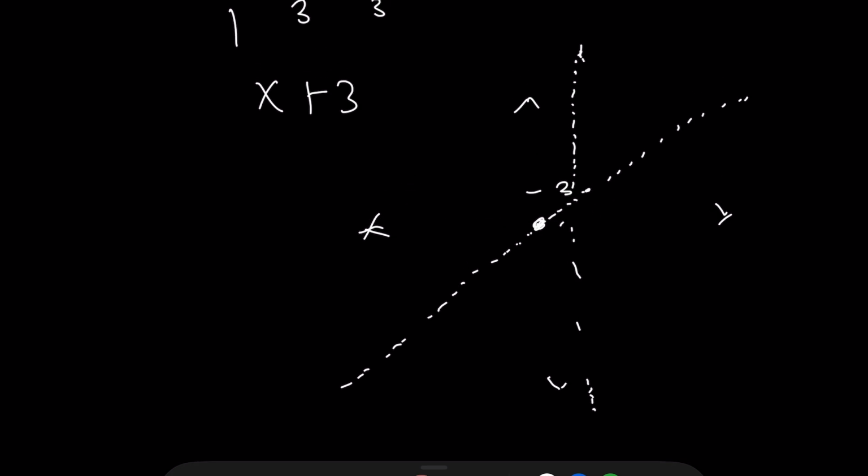You know what? I actually have to redraw this because I did it so poorly. And also, wait, what am I doing? I drew the slant asymptote wrong. I'm sorry.